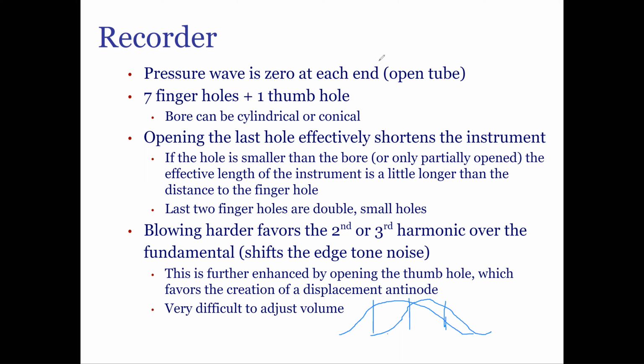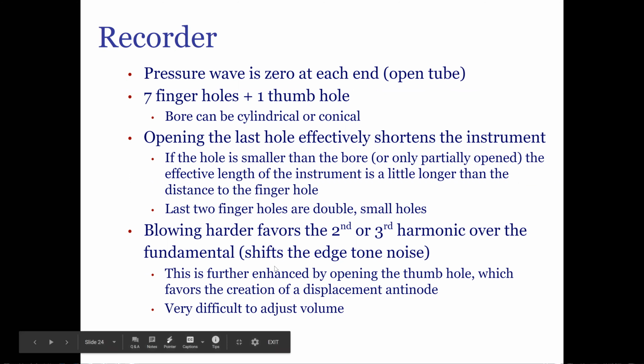The downside to overblowing like that is blowing harder will necessarily also make it loud and not allow you to really have that much dynamic range. And so recorders don't really have a way for you to hit those harmonics easily without just playing loud.